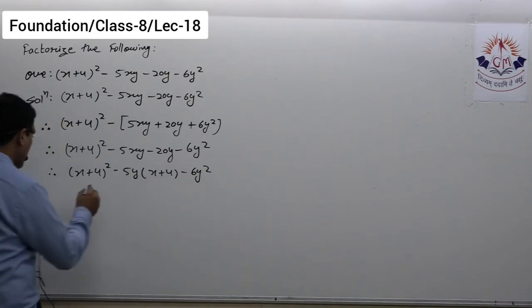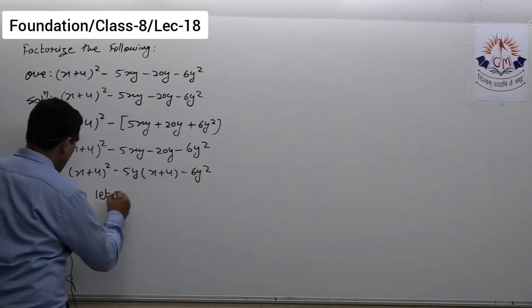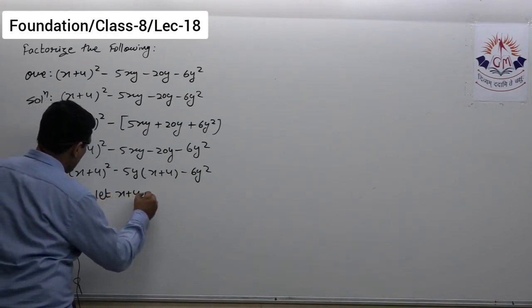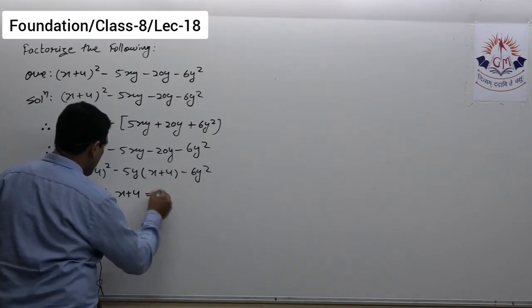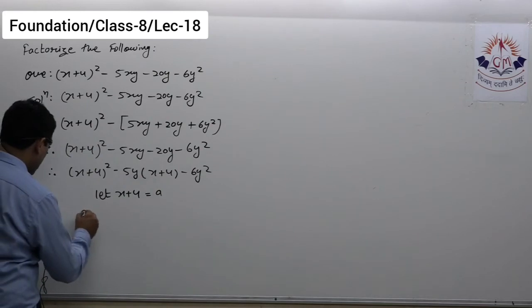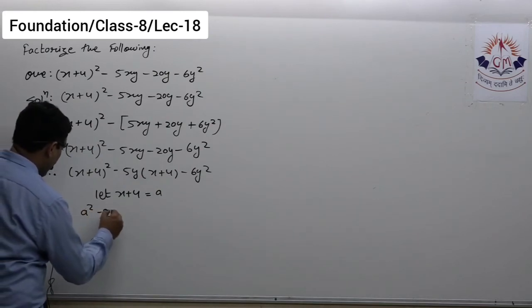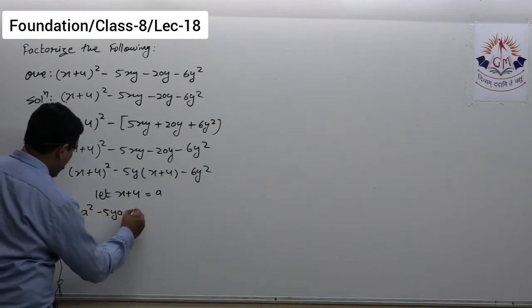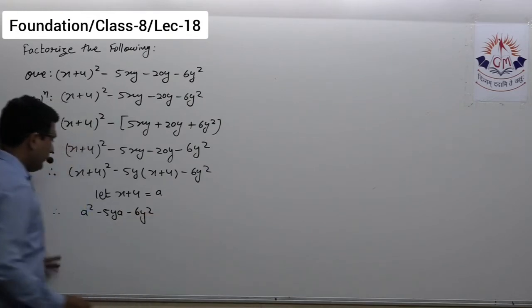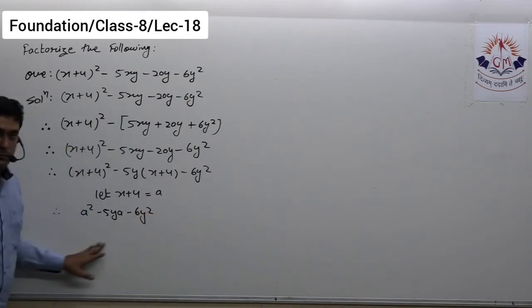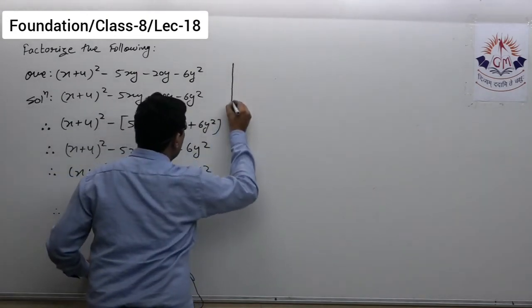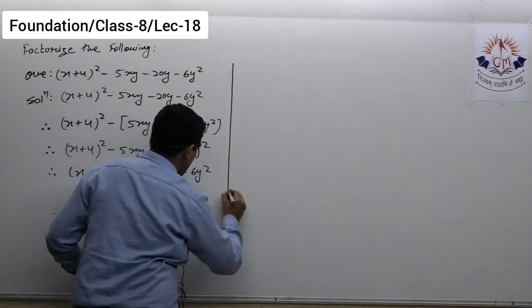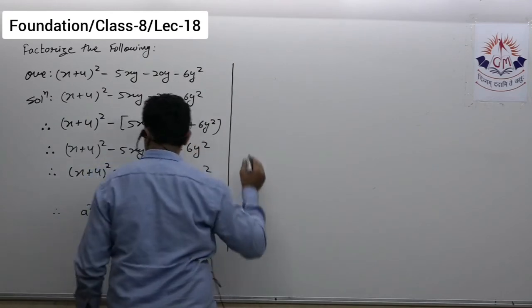So for a while I am assuming let x plus 4 is equal to a. Therefore this will become a square minus 5ya minus 6y square. Now definitely this is a quadratic expression whose factors we can find by splitting the middle term. So let us see how to find this.